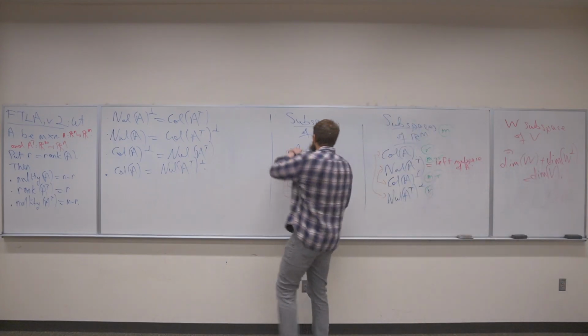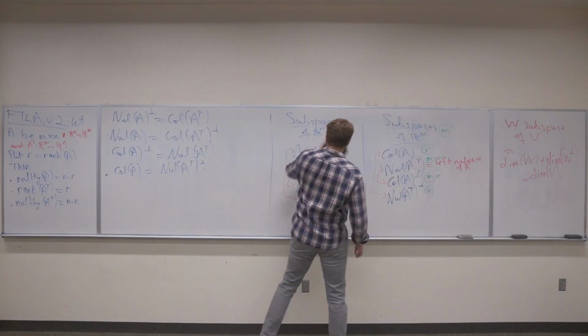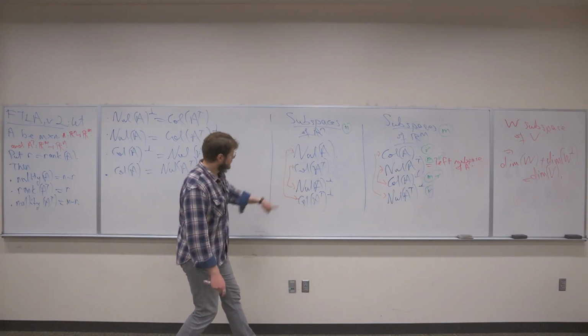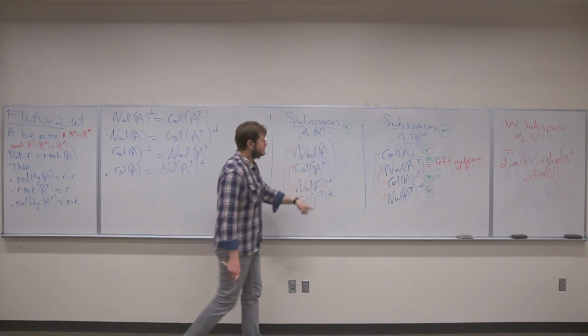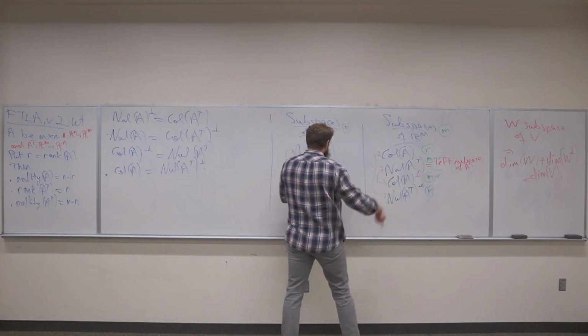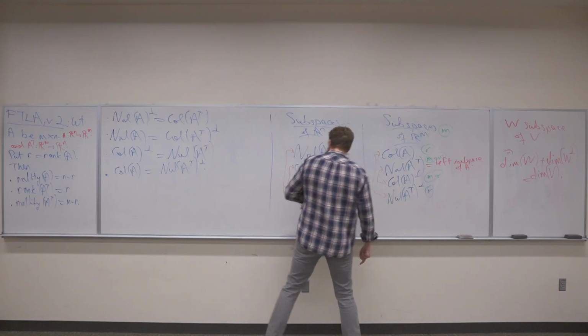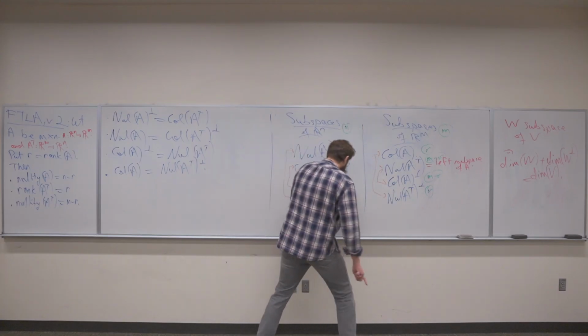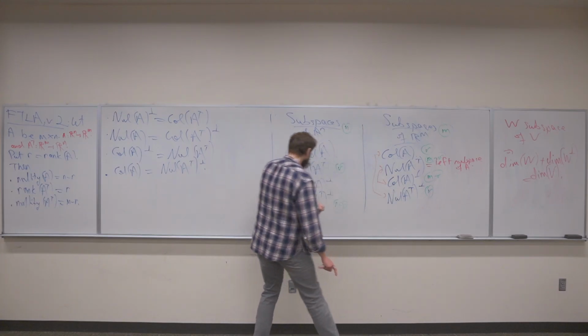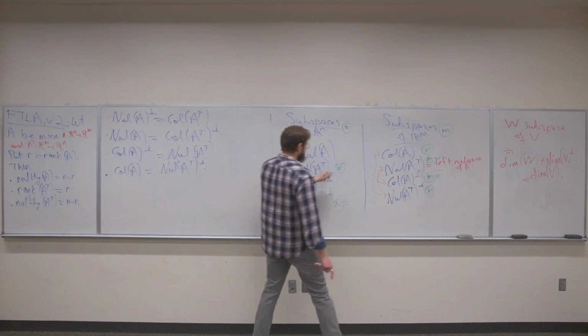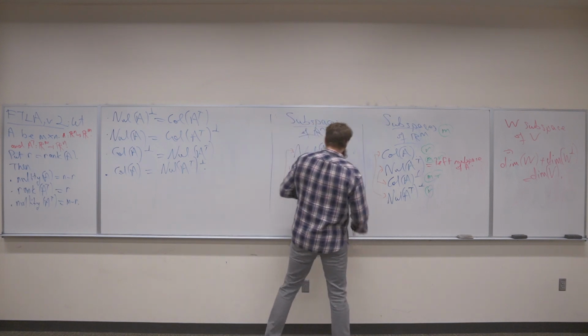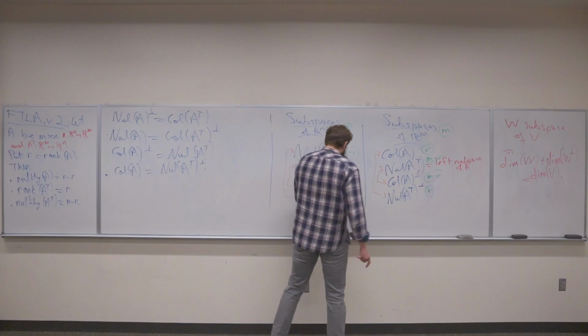And likewise here, the dimension is N. Column space of A transpose, I told you, is the same dimension as column space of A. This is R. This is its perp, dimension N minus R. This is the same thing as this, dimension N minus R. This is the same thing as this, dimension R.